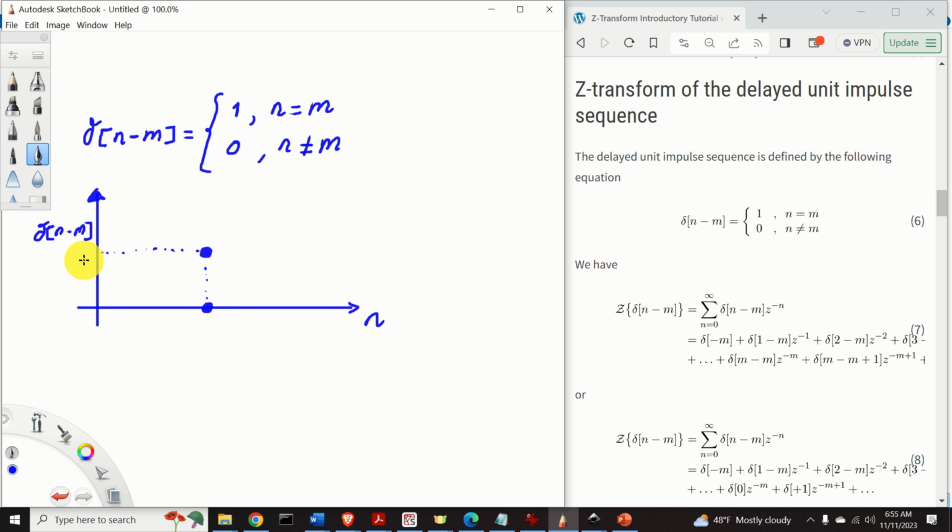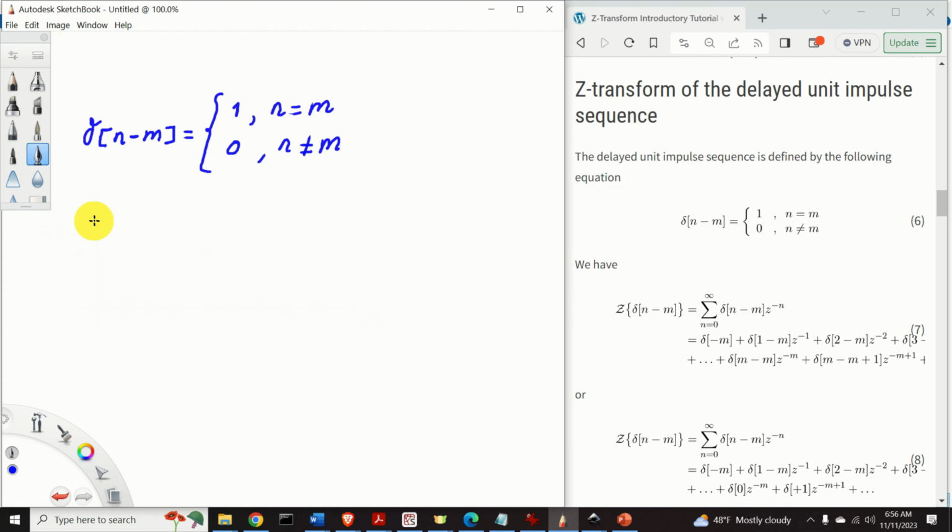Consequently, delta of n minus m will be equal to 1. For all other values of n, we have zeros. And this is very important. This sequence is called delayed since the original sequence is defined by having 1 over here for n is equal to 0. So we delay this sequence for m time steps, and consequently we obtain this sequence.